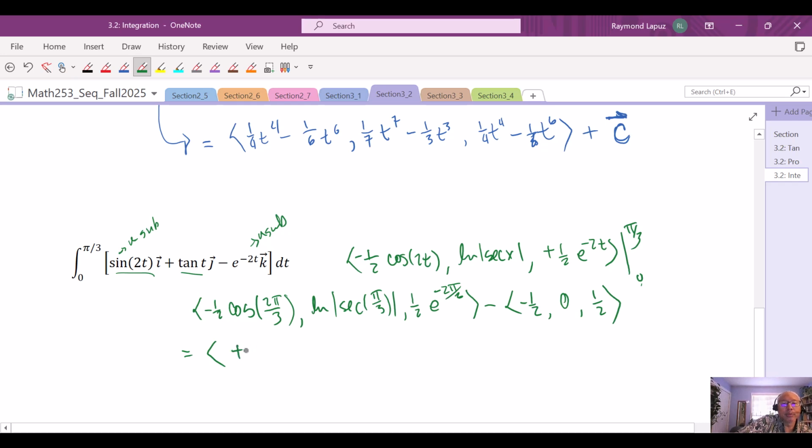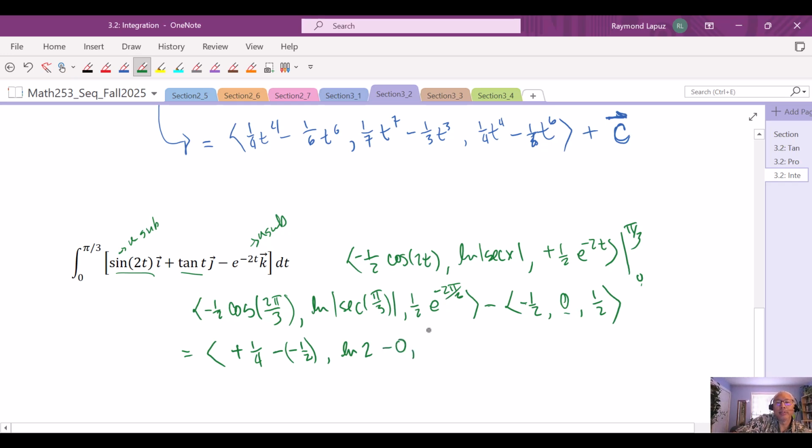I'm sorry, positive 1/4 because they're both negative. And then we have a minus 1/2 minus negative 1/2 from the second component. Now cosine of pi over 3 again is 1/2. The reciprocal is 2, so this is going to be ln of 2. And then minus 0.